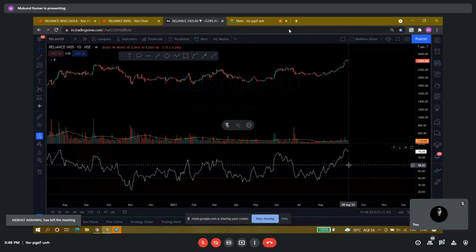That is a complete indication that the stock will continue its uptrend, which is being pulled by the weekly chart. The weekly chart is already telling you that the stock is in an uptrend.